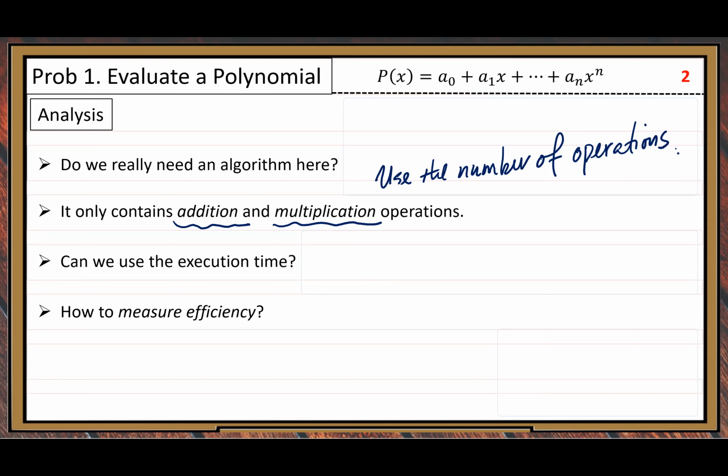But the question is, we have two types of operations, addition and multiplication. Which one should we use here? Because we know inside a computer, the time used for an addition and for a multiplication is different.